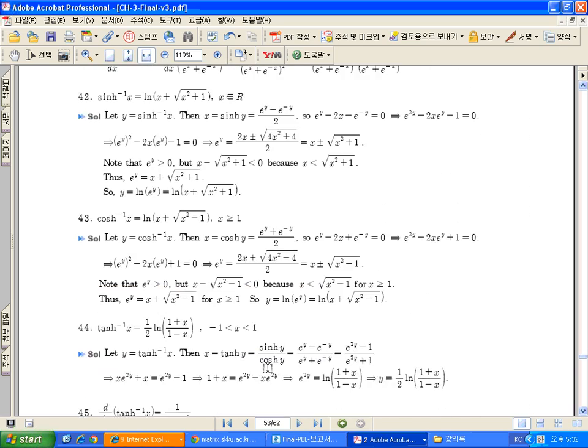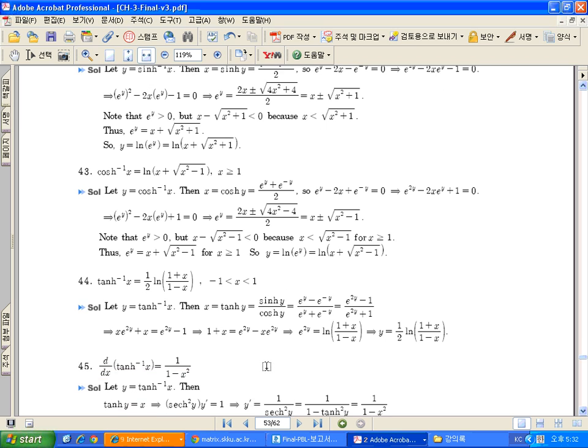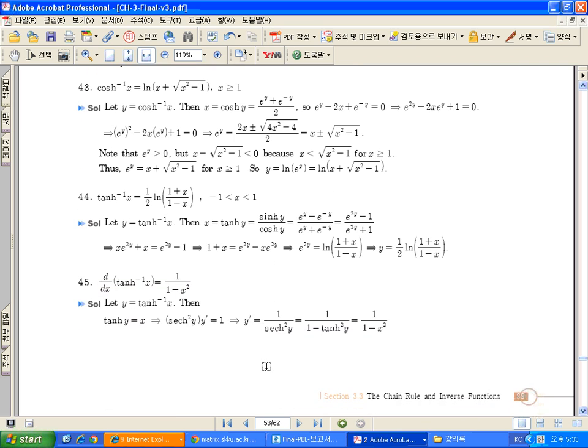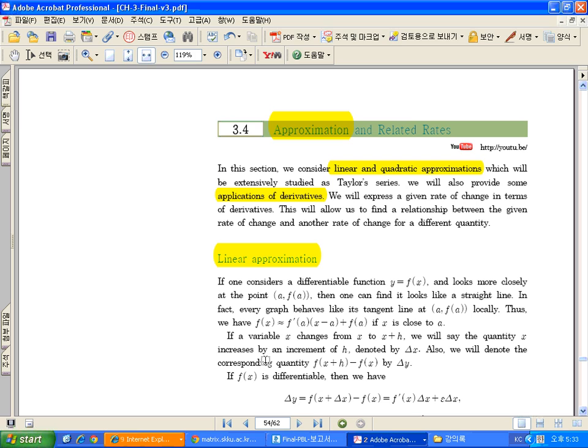As you see, there are many interesting but complicated ones that you can handle by hand or with computational tools. Next time we will finish up chapter 3 with approximation and related rates.